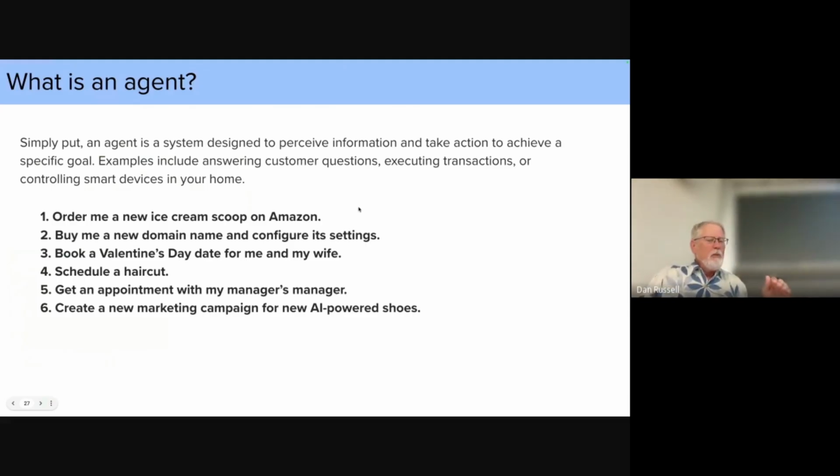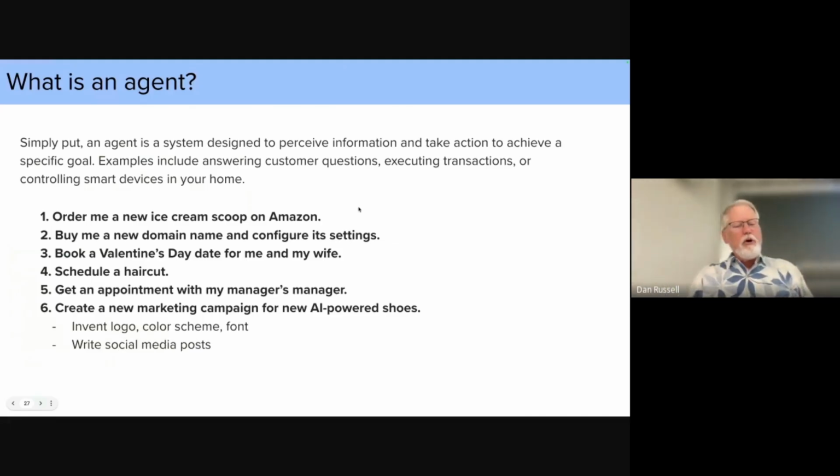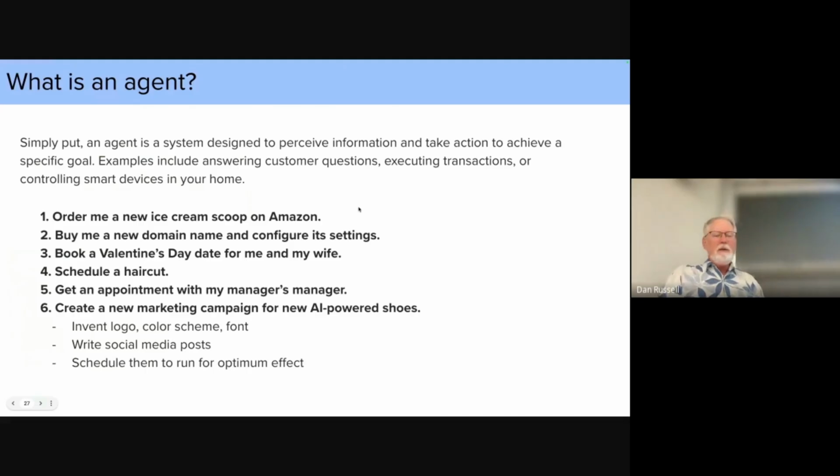Number 6, create a new marketing campaign for my AI-powered super shoes. That's a Nike agent, or it's a marketing firm's agent. How would you build that? You might want it to invent the logo and color scheme, the font, write the social media posts, schedule them to run for best effect, post them to these platforms, all that stuff, right?